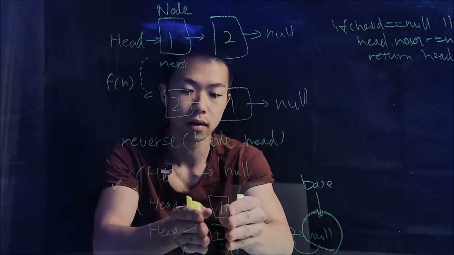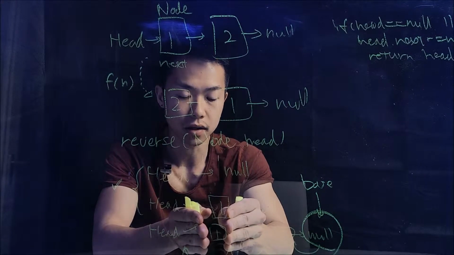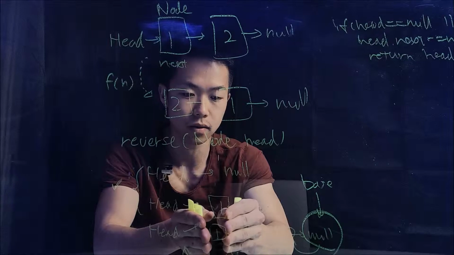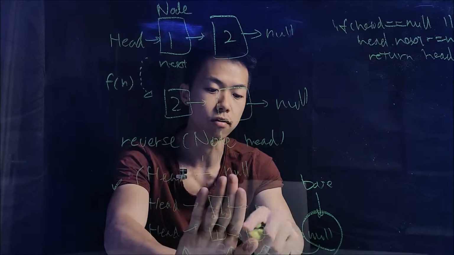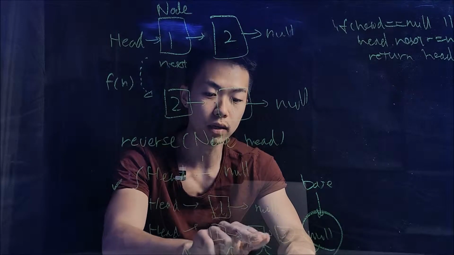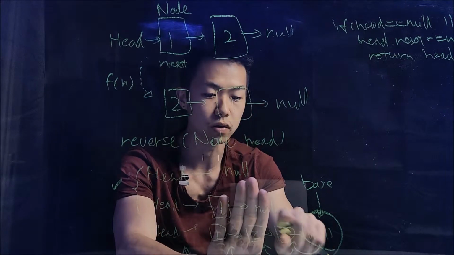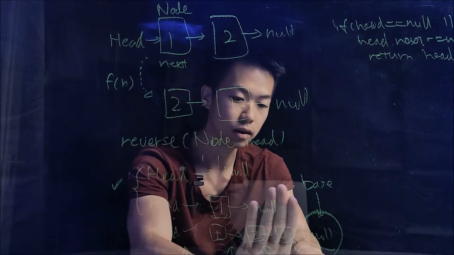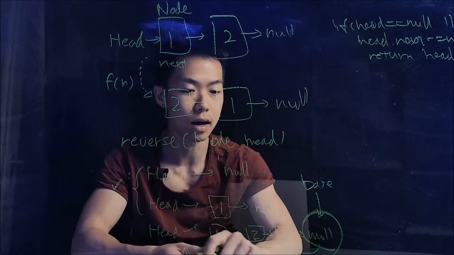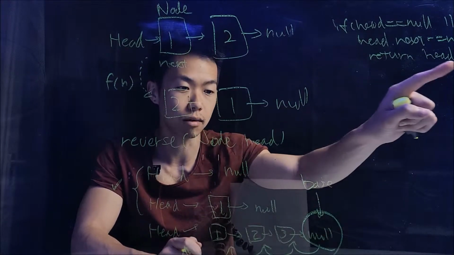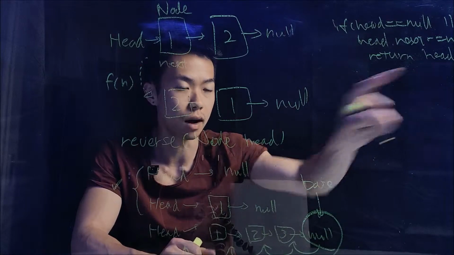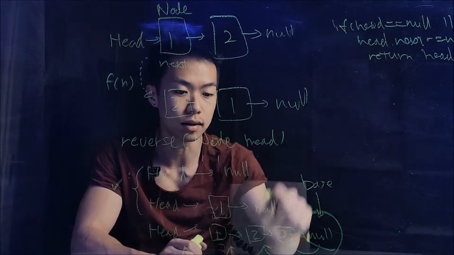So start from here, make a recursive call to head's next, which is 2, 3, null, right? And then when we get to 2, we make a recursive call to the rest of the next nodes, basically breaking down. And then at the base case, it's going to return head itself.